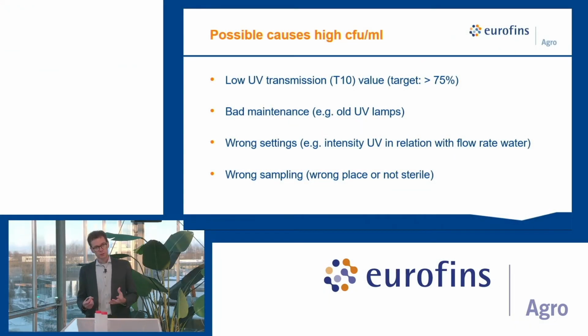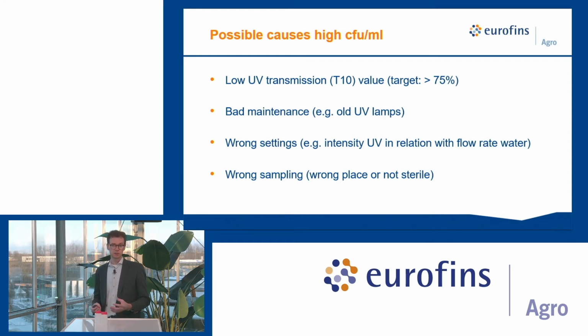So after a disinfector, what are the possible causes of a high amount of colonies, so a high level of colony forming units? In the UV system, a low UV transmission value can be a cause. It's important that it is above 75%. Bad maintenance, for example old machines, old UV lamps.